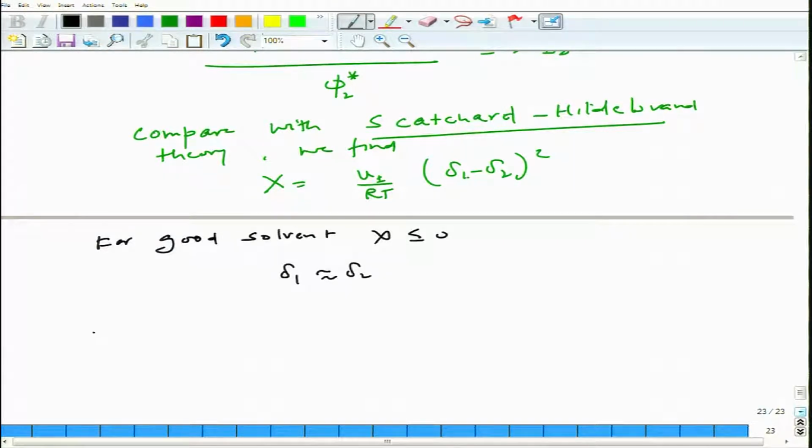So, note that the Flory parameter is empirical. If you try to find out this chi from polymer concentration and polymer size dependence, or based on neutron scattering or from calorimetry, it will be found to be different.